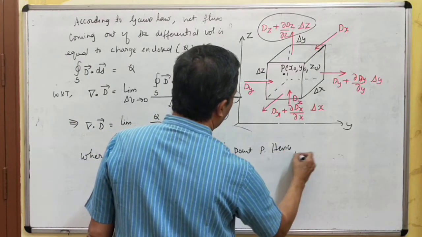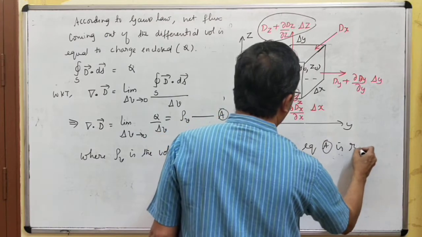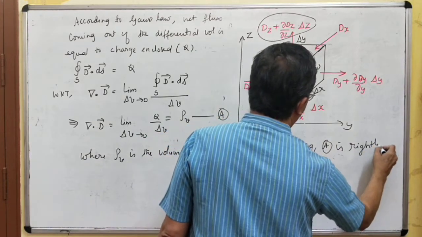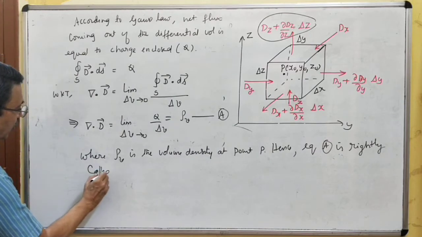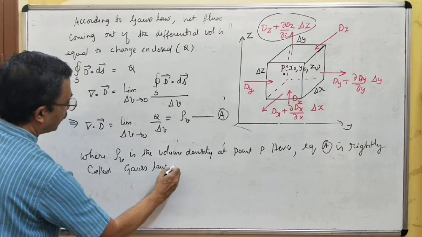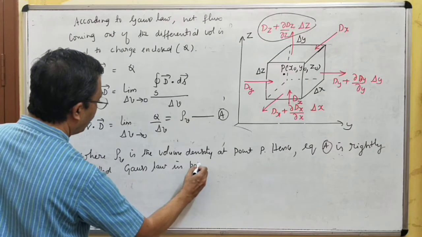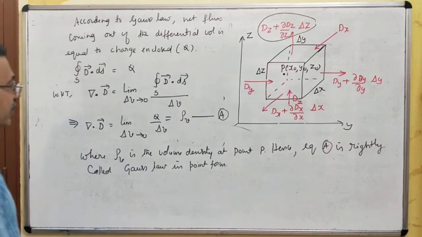Hence, I don't remember the equation number, I just call it equation A. Hence, equation A is rightly called Gauss law in point form.